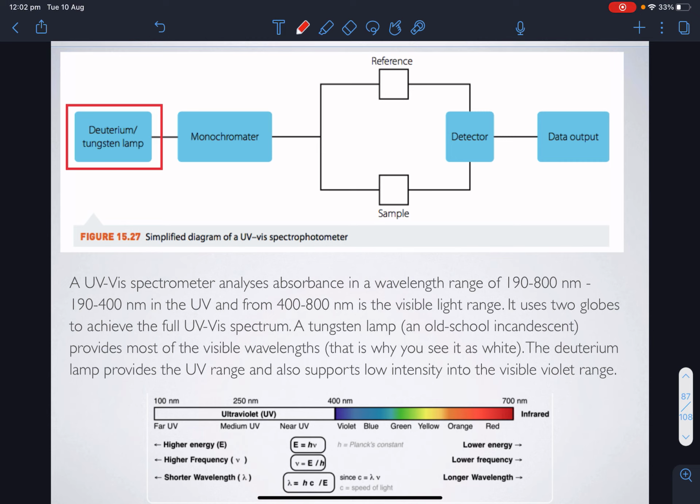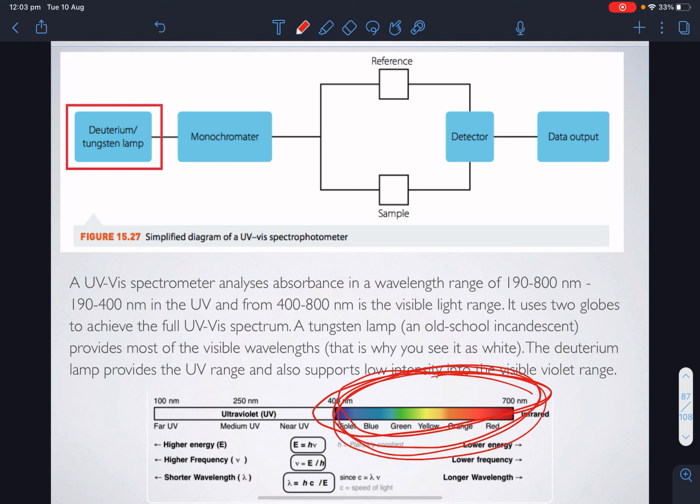Those old school incandescent tungsten bulbs produce a wide range of frequencies, a nice even one throughout the visible spectrum, okay? So that tungsten lamp is giving us pretty much all the colors that we see. That's why when we turn the light on, it appears white, because it's the mixture of all the visible colors.